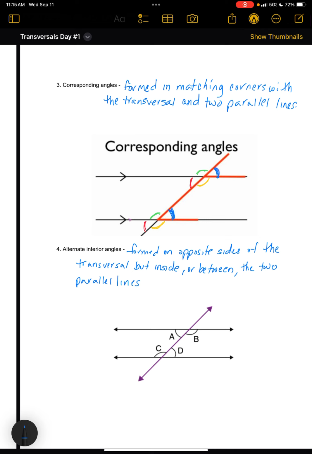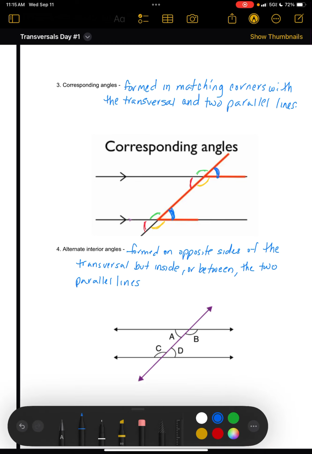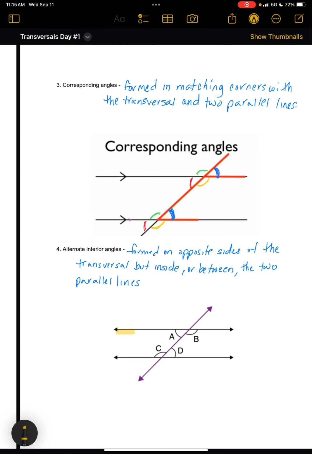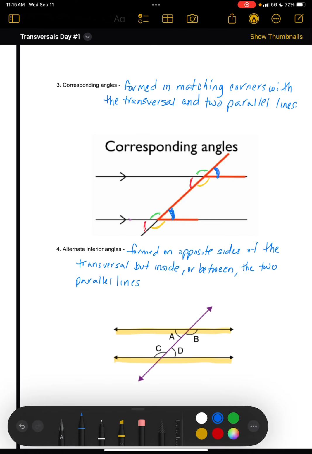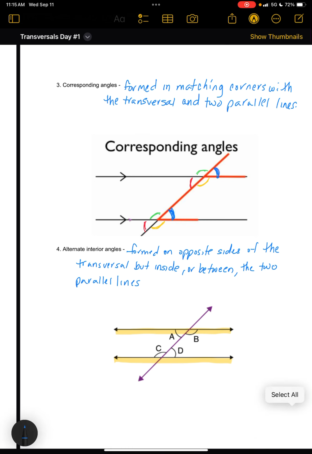All right, the picture. If this line and this line are my parallel lines, when I say between them, I mean between them, like inside here and here, right? That's between the 2 parallel lines.